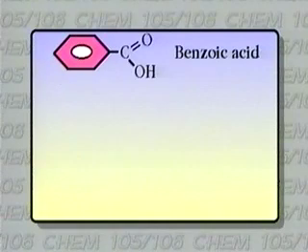So this is the carboxylic acid group that we talk about in organic chemistry. And then we have the benzene ring. So sometimes it's called, in terms of phenyl, phenolic acid, or it's also called benzoic acid. Benzoic acid is used as an antioxidant in foods.